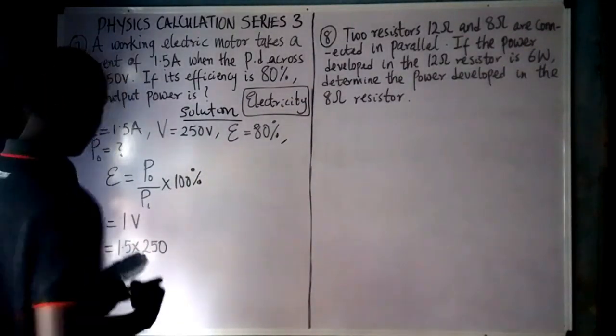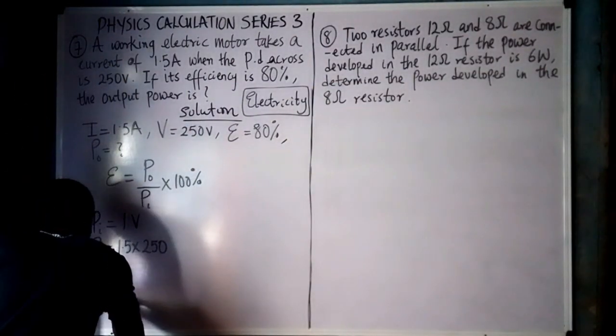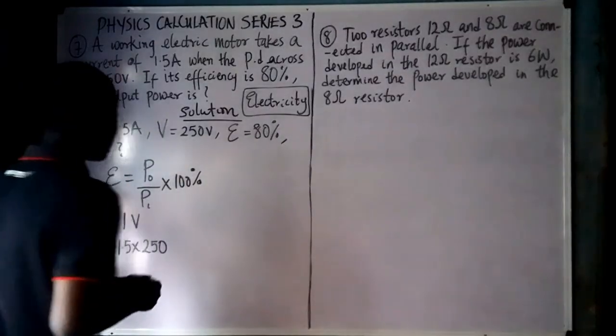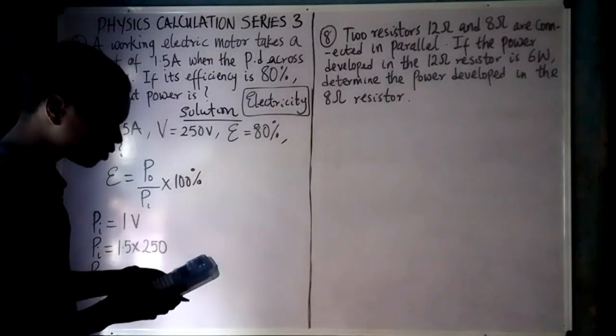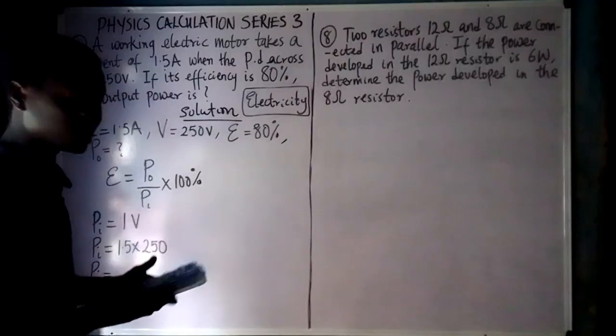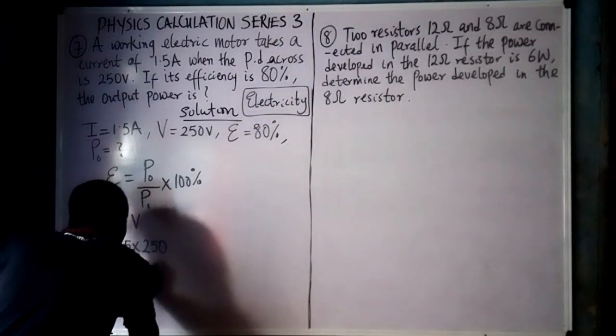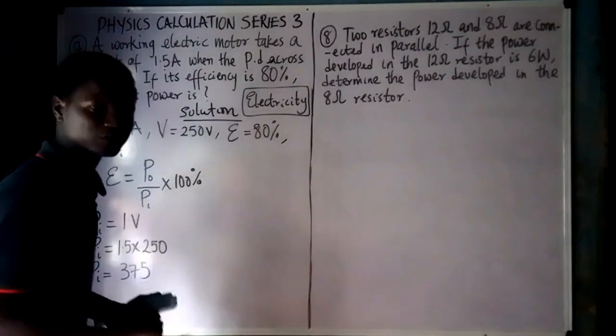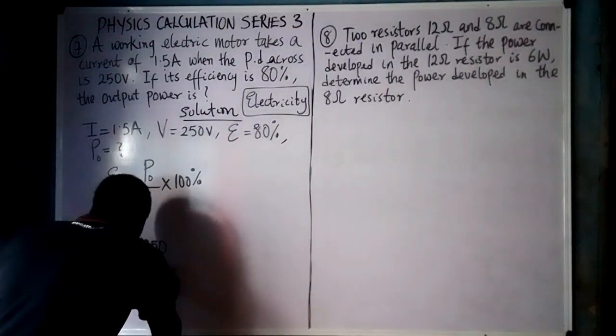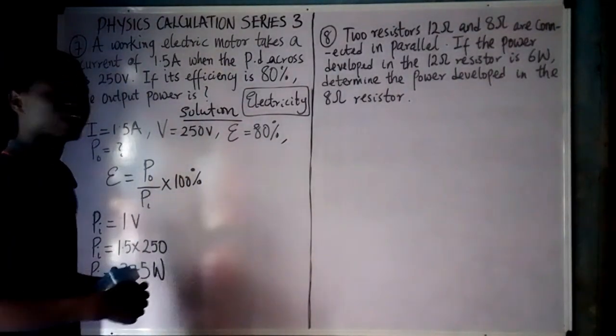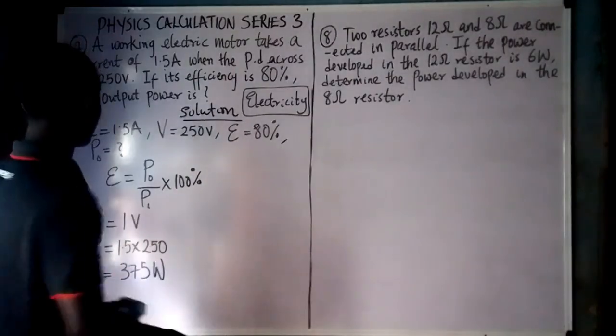So our input power is equal to 1.5 times 250. That gives us exactly 375, and because it's power we're talking about, we add watt. But is this what we're asked to find? No. We're not asked to find our input power.